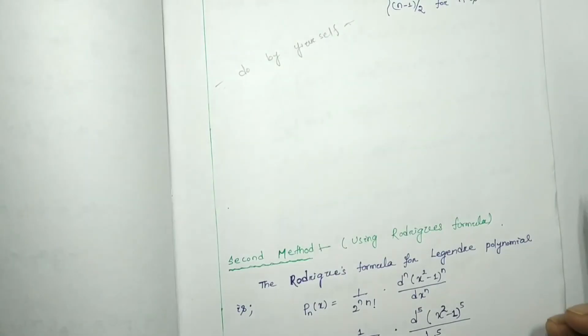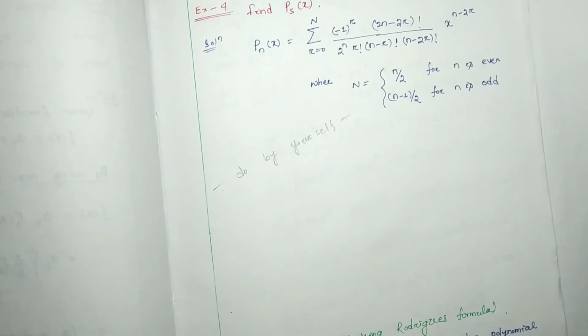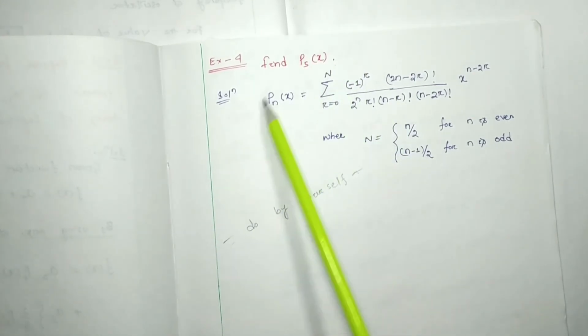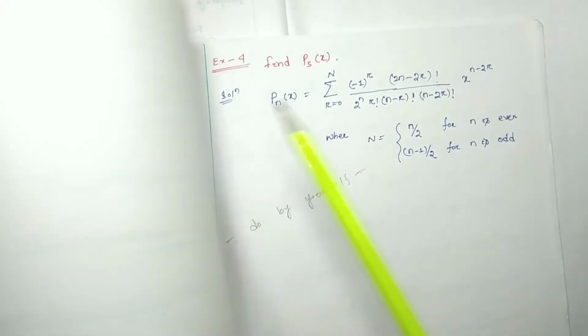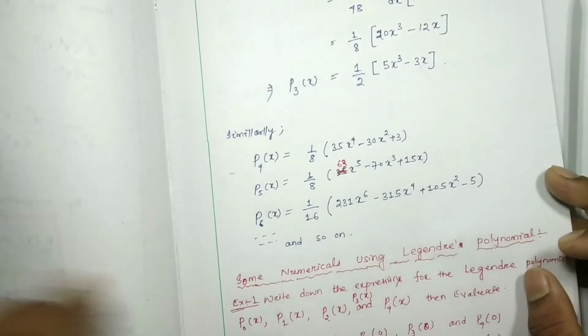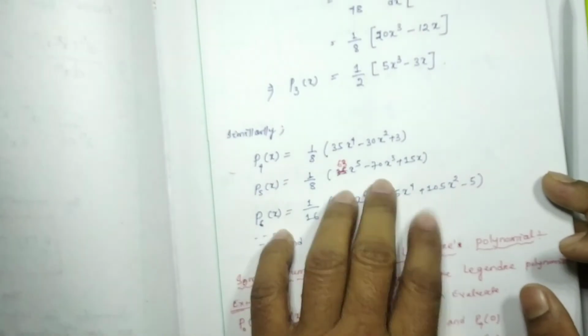Here is another question that we are going to discuss in our next class, but you can do it by yourself: find p5x by this method. I have already written p5x, and this will be the value you find.